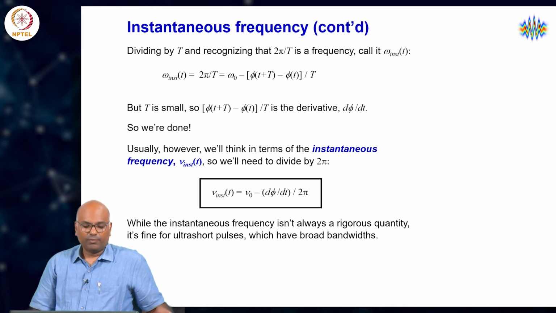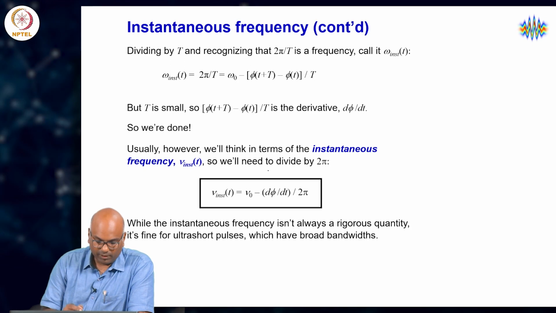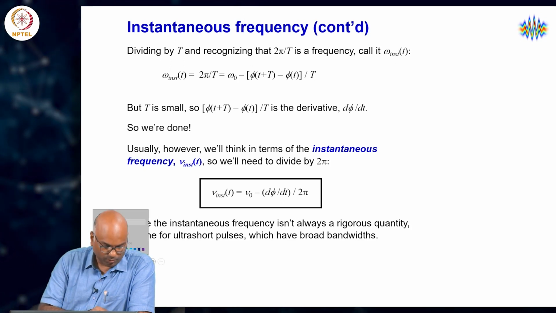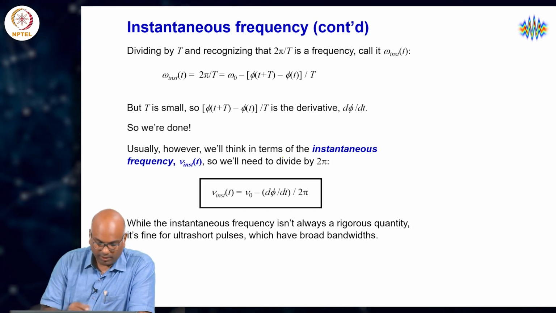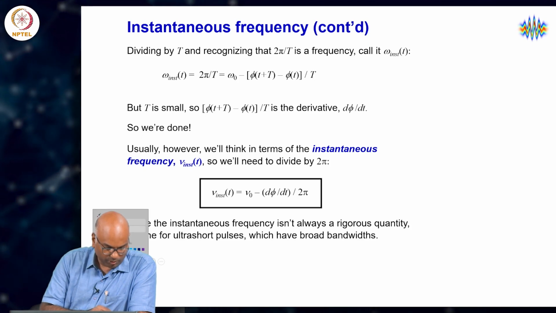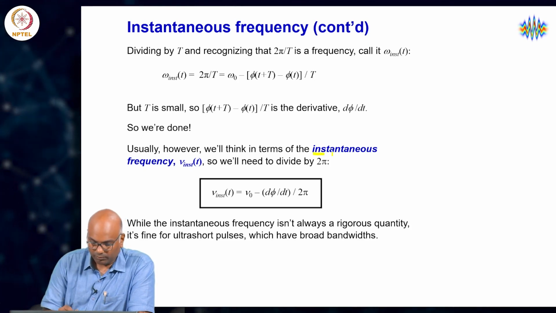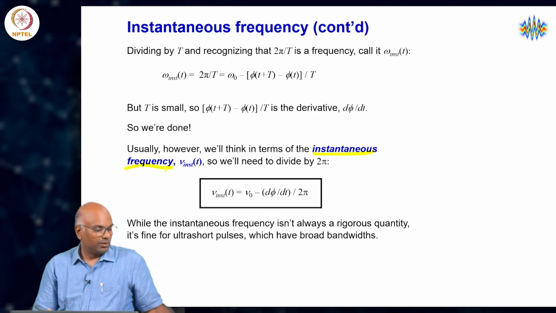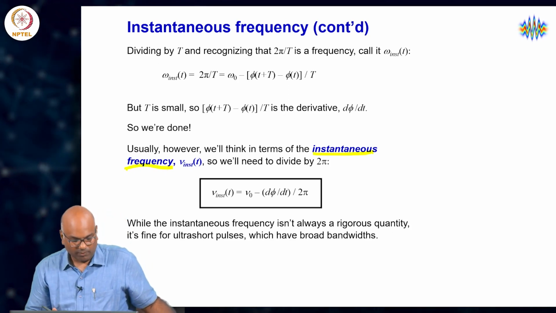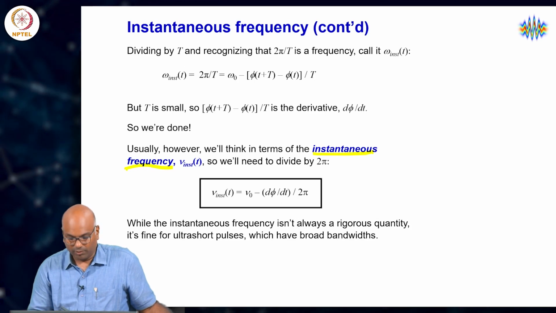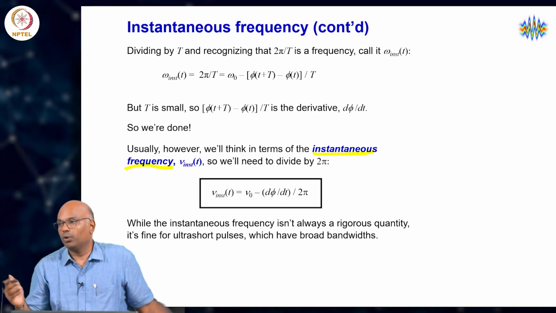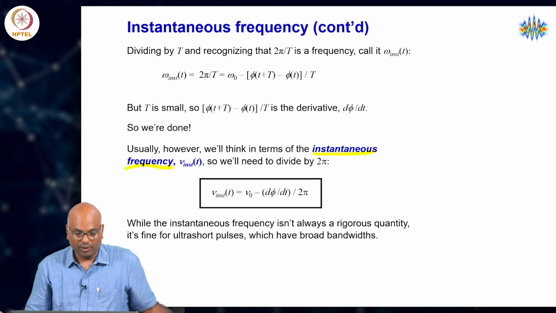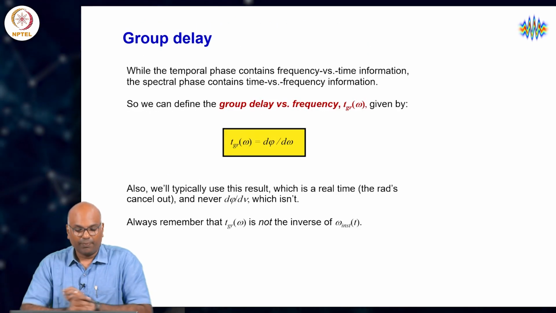As we have done with the case of angular frequency, we can do the same with respect to the instantaneous frequency, which differ only by a factor of 2 pi, nu instantaneous and omega instantaneous, which is somewhat trivial, I would say. But be aware what you're reading about or writing about in this case.